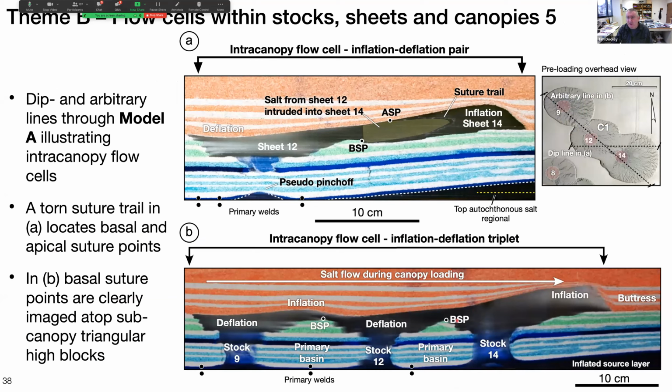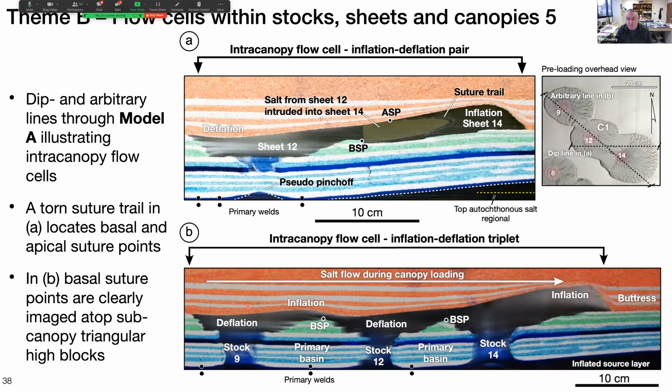And we can see that in cross-section also, this is the same one that you saw earlier on. Salt from salt sheet 12 here being expelled into 14 here. And this is the suture you can see here.